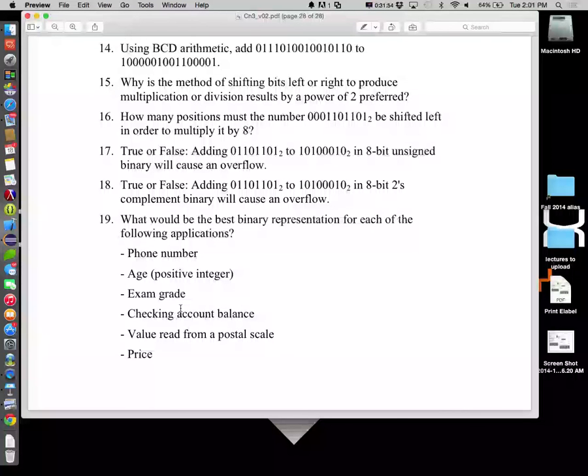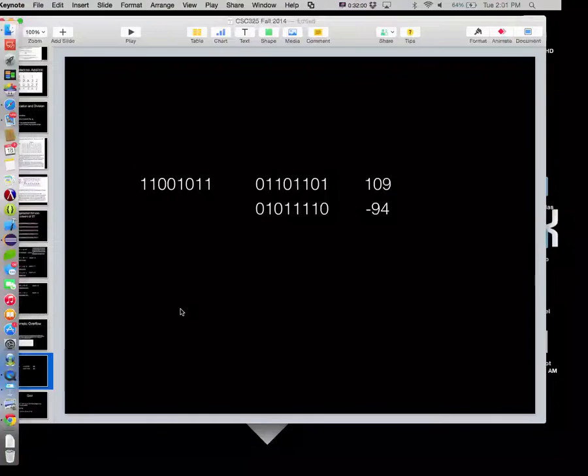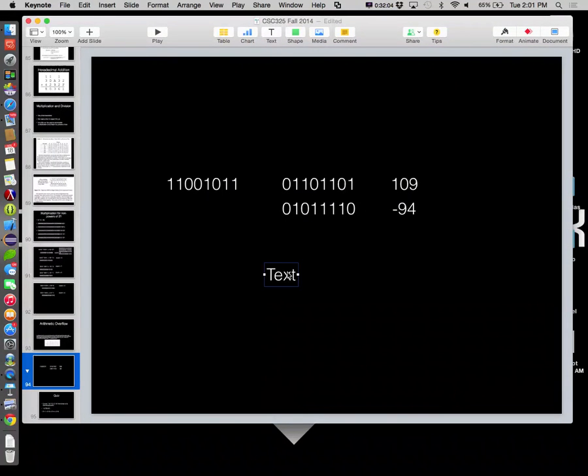Okay. Let's think about a phone number. All right, so that's my phone number. We can leave the dashes out, and we'll assume there's not an international code, right?